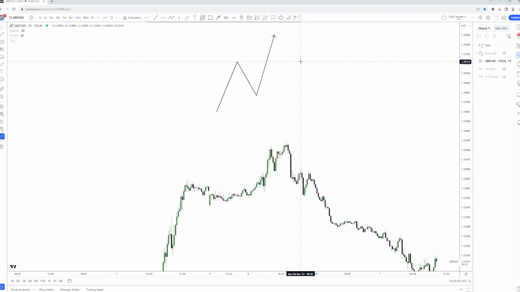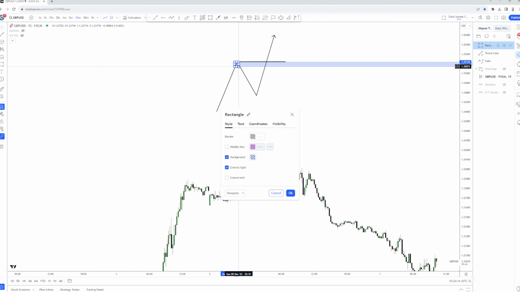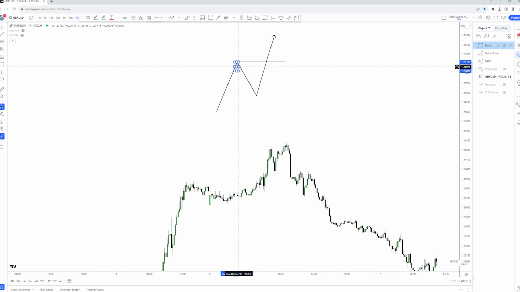What does this mean? This means that now you can use this point that you see right here. Let's say that your order block, the last up candlestick before the down move, was this candlestick right here.